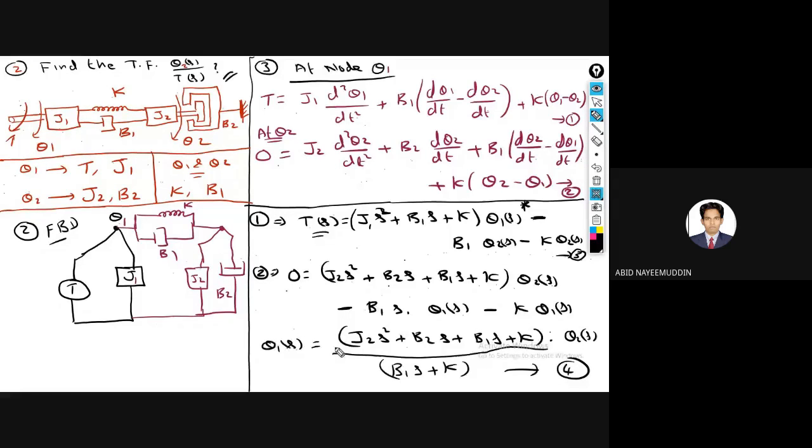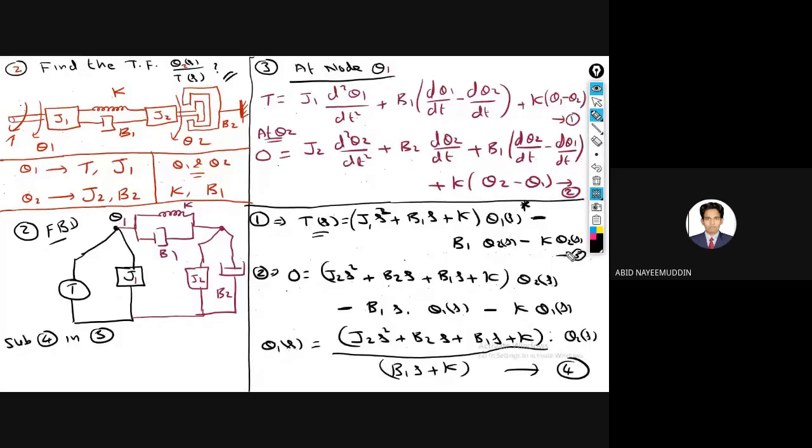Okay, now substitute this equation 4 in 3. If you substitute equation 4 in equation 3, then this equation will be only in terms of theta 2 of S, since theta 1 can be replaced with this particular one.